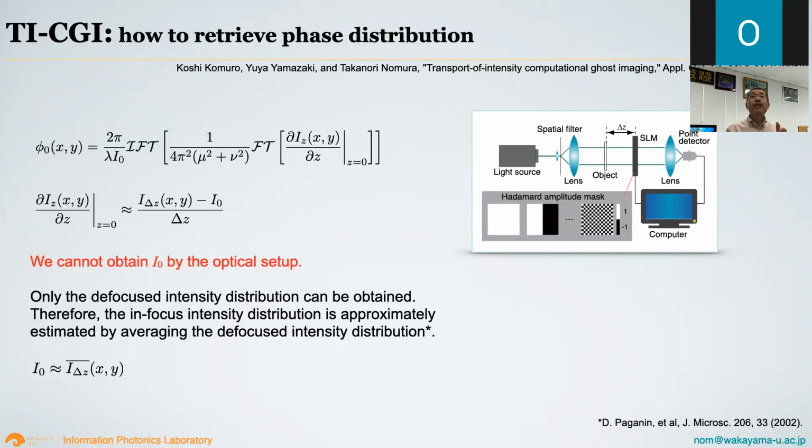Therefore, the in-focus intensity distribution is approximately estimated by averaging the defocus intensity distribution. Because the in-focus intensity distribution is unity, with no distribution, only one intensity, it is reasonable to estimate it by averaging the defocused intensity distribution.